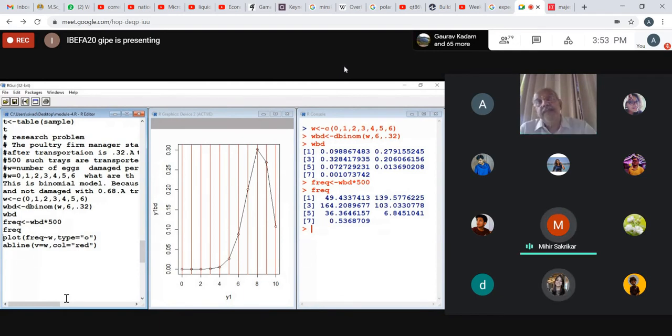Yes, sir, because any distributor would want complete eggs. He doesn't want such a number in the shipment, correct now? He knows that by transportation there may be a possibility of damage, but that number has to be minimum, correct now?